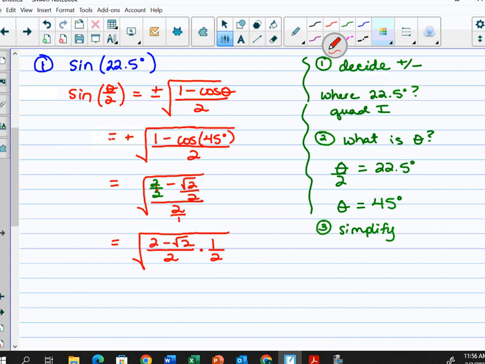Look at that 2 in that fraction. There are so many 2's. Cosine of 45 is root 2 over 2. This 2 is this 2. The 1 I turned into 2 over 2 so that I could combine these.